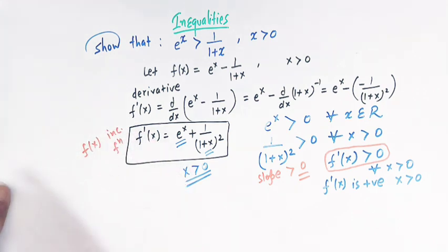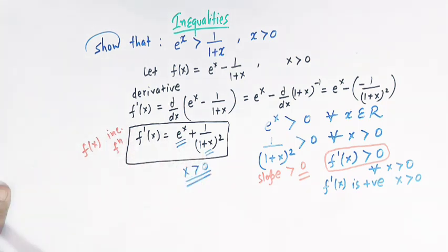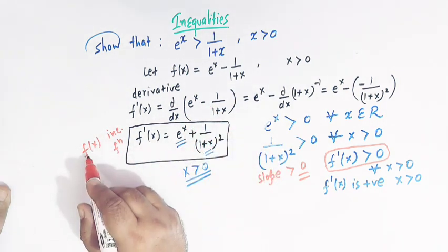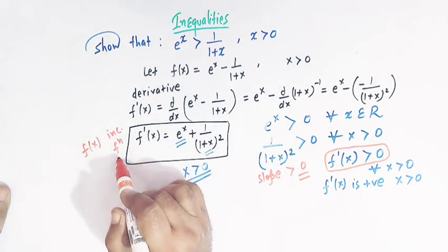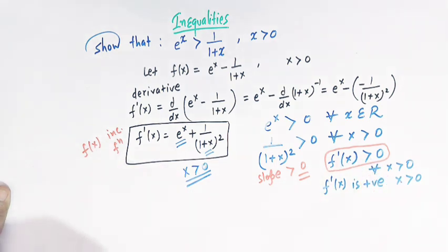And whenever the derivative is negative, or less than 0, the function is decreasing. So in this case, the function f of x is an increasing function because the derivative is greater than 0 for all x greater than 0.